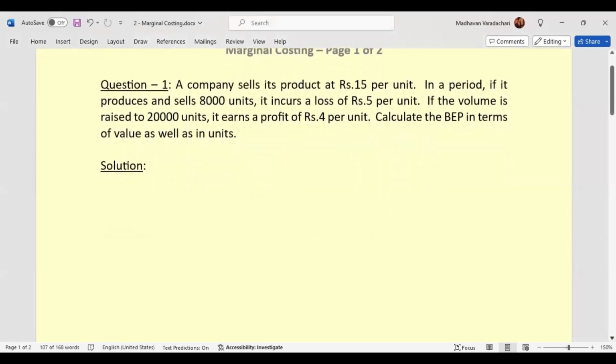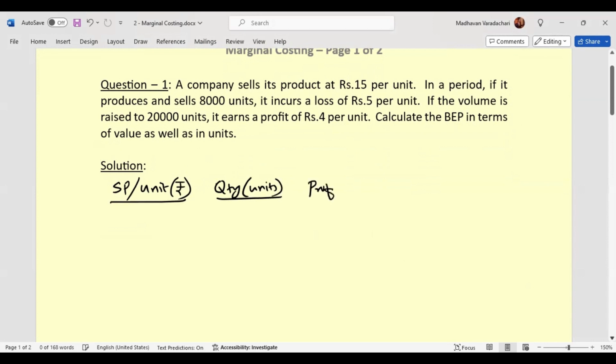So it is given selling price per unit in rupees. Then how much quantity is sold is given, quantity in units. Then whether it is a loss or gain is given.